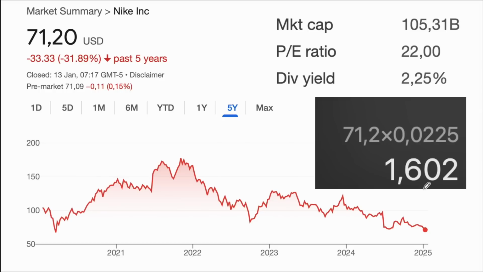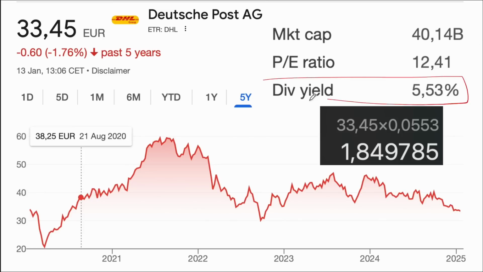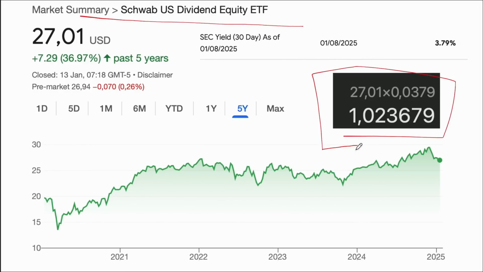We have there, again, another dividend input here for me on a lower dividend yield, and we can also use DHL, the German Post, that has a bit higher dividend yield and a dividend of 1.84 euros in this case, to be compared to the stock price. Perhaps another dividend comparison, the Schwab US Dividend Equity ETF. So let's do this for dividend stocks analysis and see what the risk and reward is.